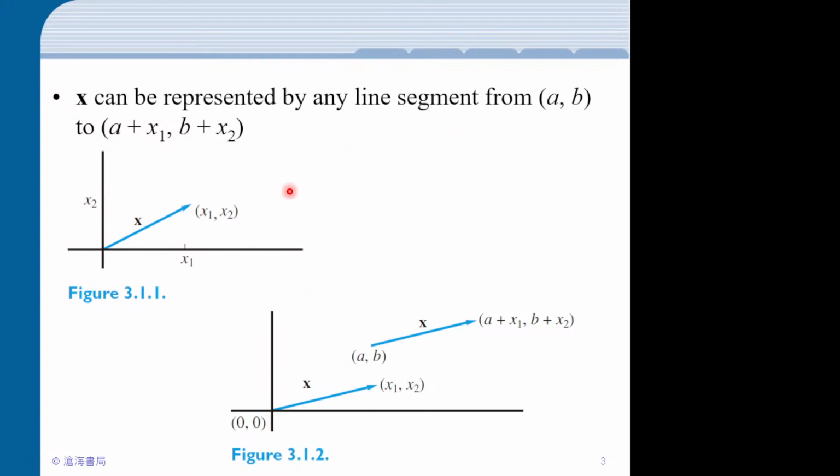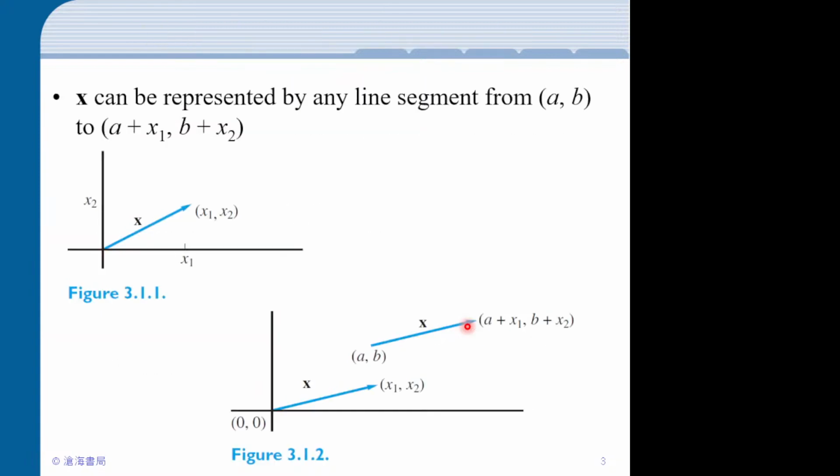On the two-dimensional plane. But if you start from any point a, b, then you will end up at the point a plus x1 and b plus x2, and we think this is still the same vector. It's still this x1, x2 vector, okay? Because the change here is still x1, and the change here is still x2.